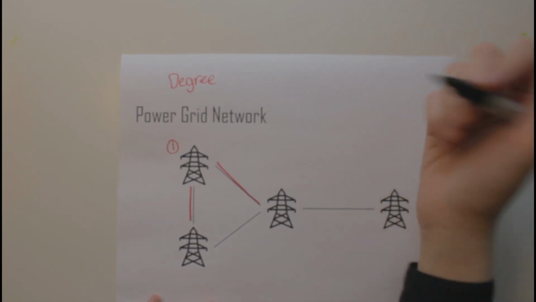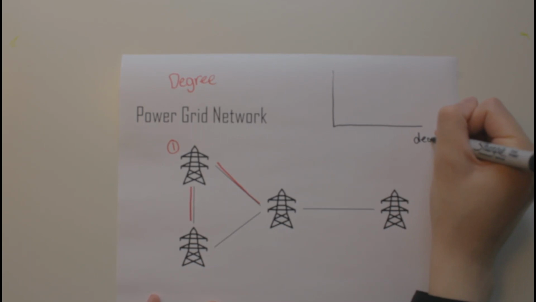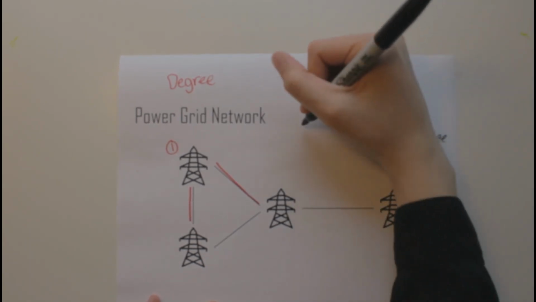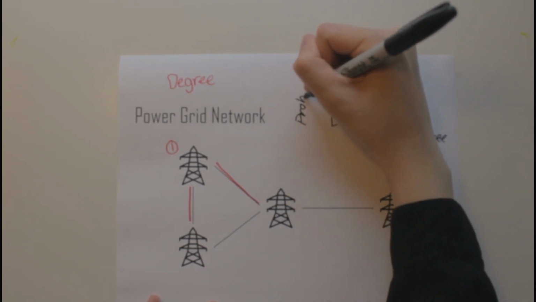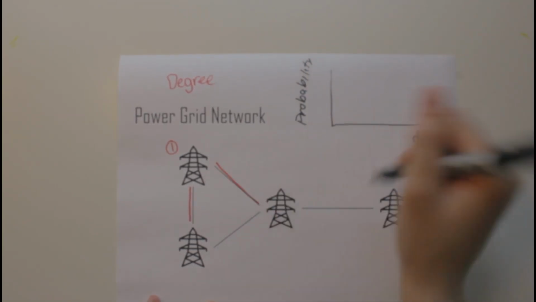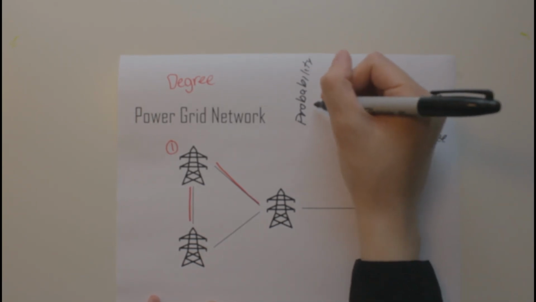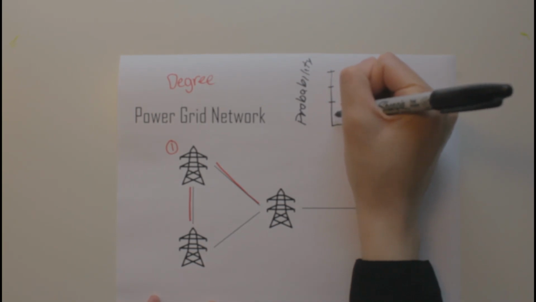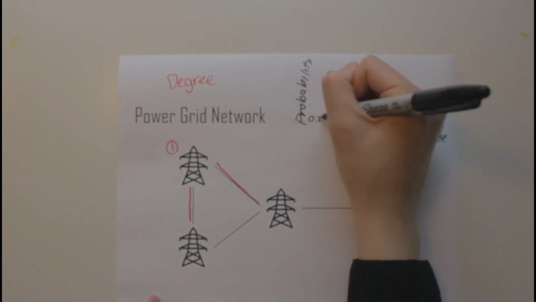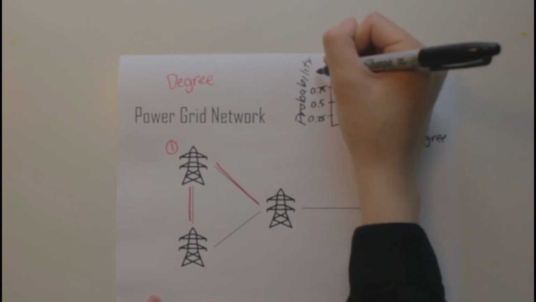But let's map this out. Let's plot the degree versus the probability of having that specific degree. Now there are 4 nodes, so our probability is broken up into 4 parts of 0.25, 0.5, 0.75, and 1.